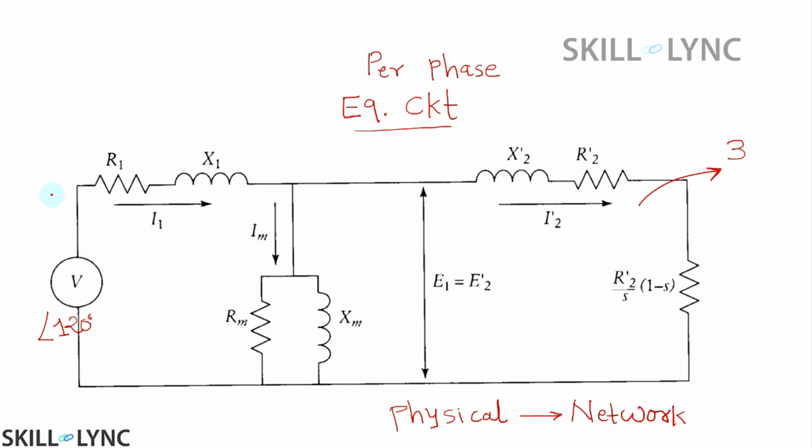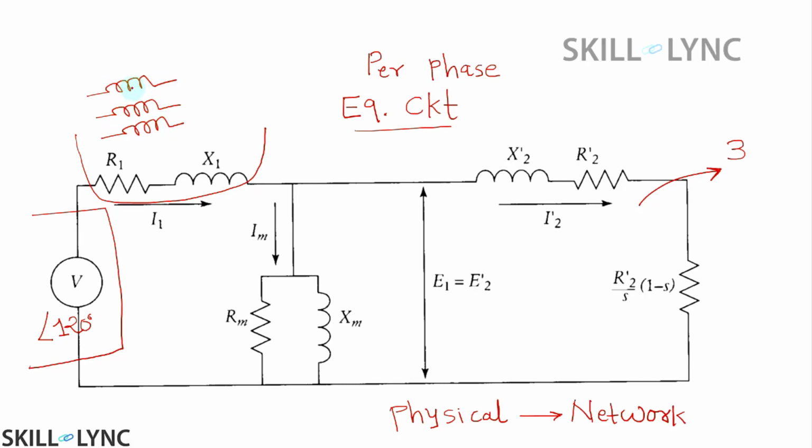What I'm going to explain here is, this is the per phase supply block. These components are called stator components. The stator is nothing but a three-phase winding, a coil, and each has its resistance and inductance.